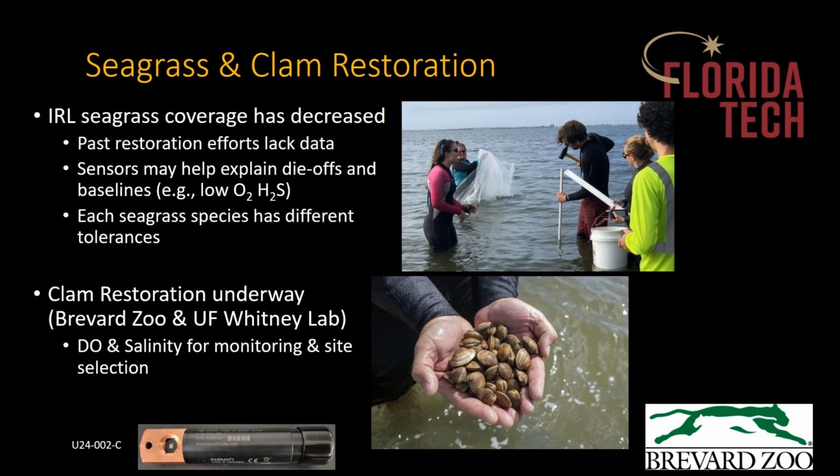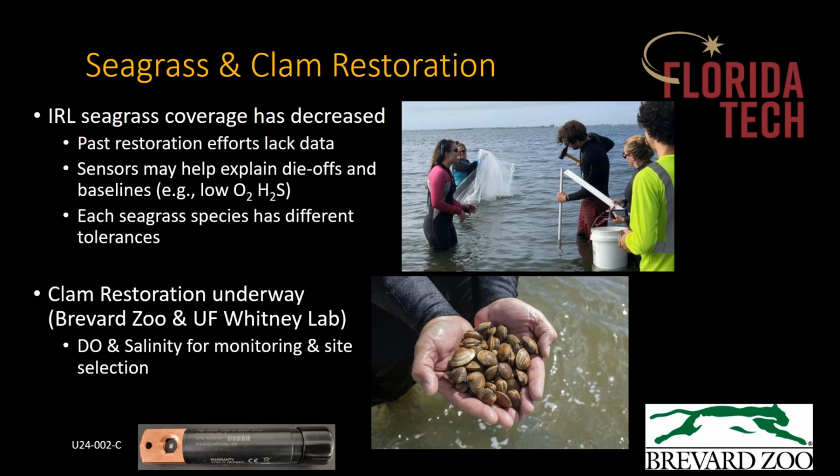For example, the main one that we think about with DO is if there's a high or a low DO signal, it could be the impact of hydrogen sulfide in the sediment. And obviously, every species of seagrass and clams as well are going to have different salinity tolerances and DO tolerances. So using that to understand better how we can select for those sites is super important.